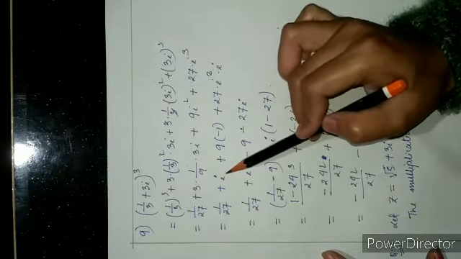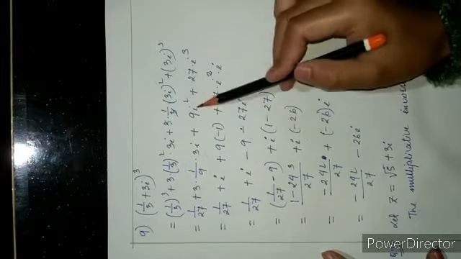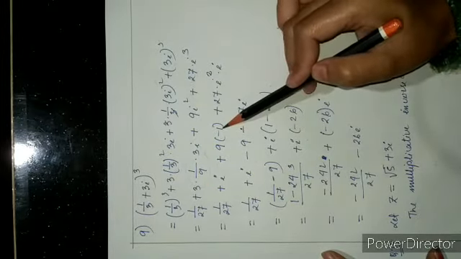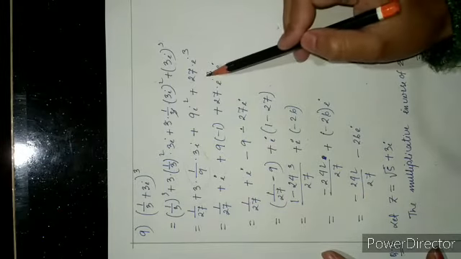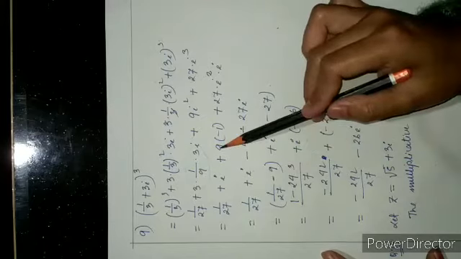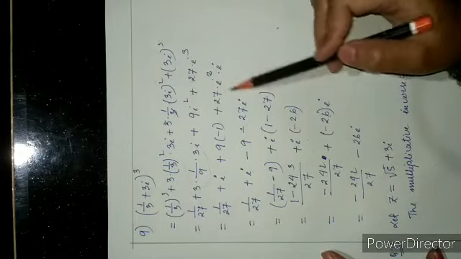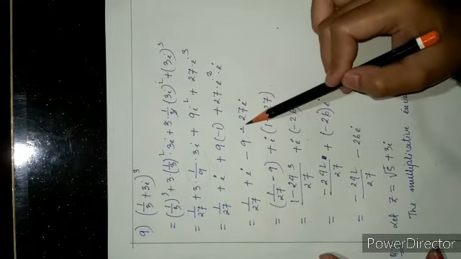Cancelling 9, i square is equal to minus 1, then 27, i square into i. 1 by 27 i, 9 into minus 1 is equal to minus 9, 27, the value of i square is equal to minus 1.